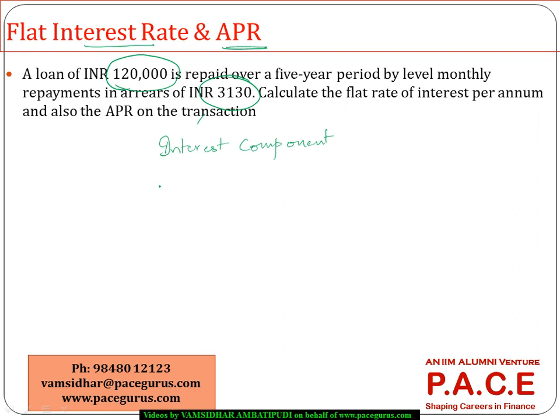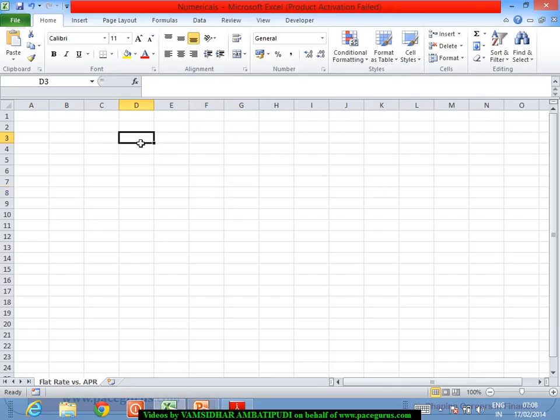So in this example, there was a borrowing of 120,000, whereas the repayment is per month 3,130, which means per year there is 3,130 times 12, right? Okay, the loan amount is 120,000.